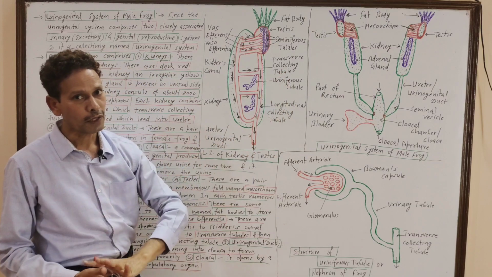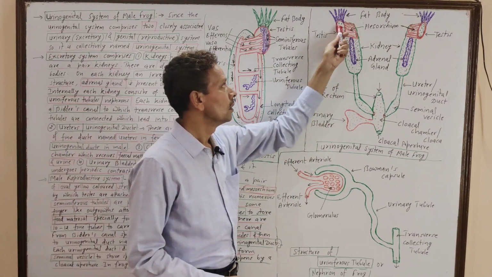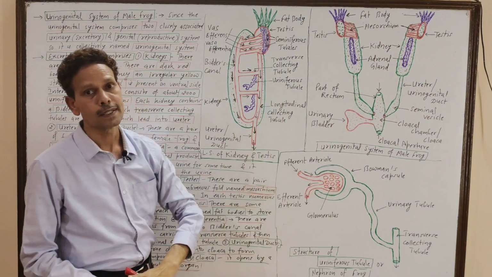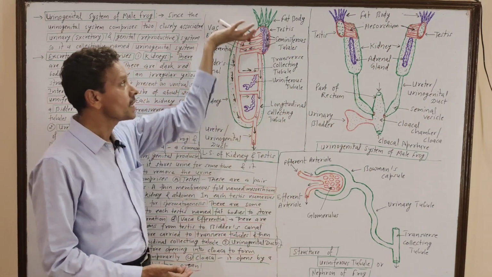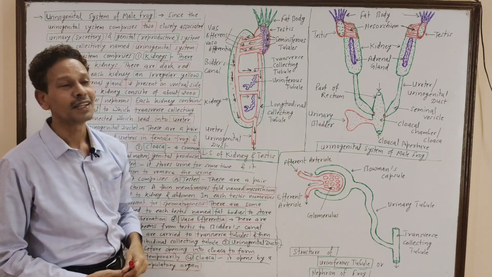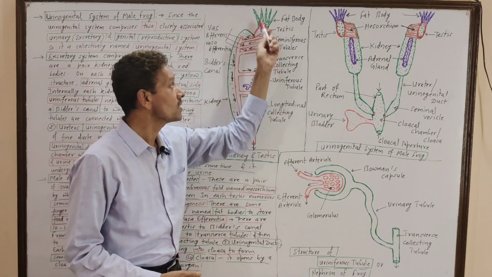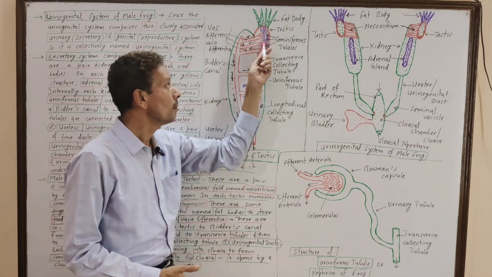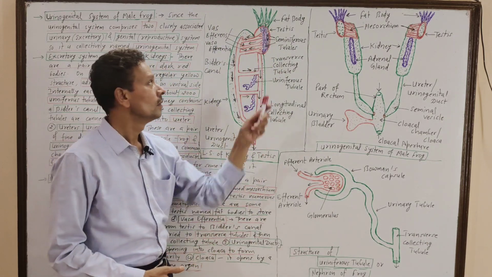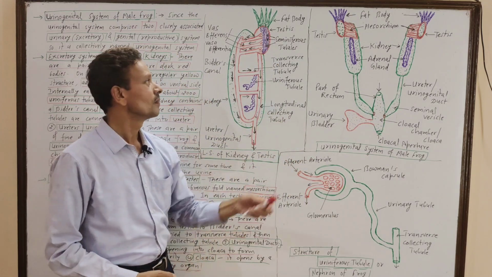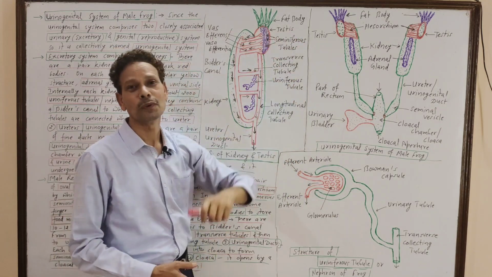In case of the male reproductive system, a pair of male gonads, these are testes. This is the longitudinal section, LS, of kidney as well as testes. It shows in this male gonad a number of structural and functional units of testes. These are seminiferous tubules.